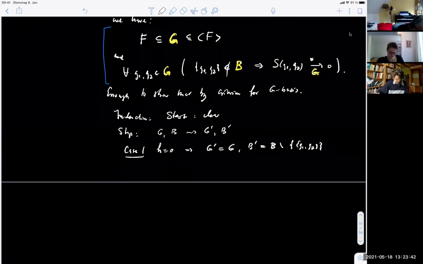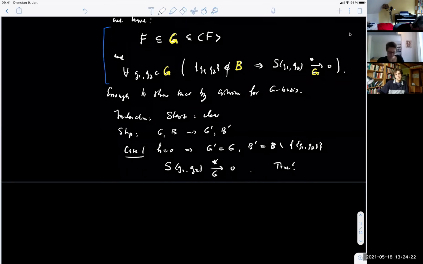What do we need to check? If I look at the criterion here, there is only one pair I have to check, namely this pair. But this is true. Why? Because H was 0. H was the normal form, the remainder of the division, and it is 0. So it's good.